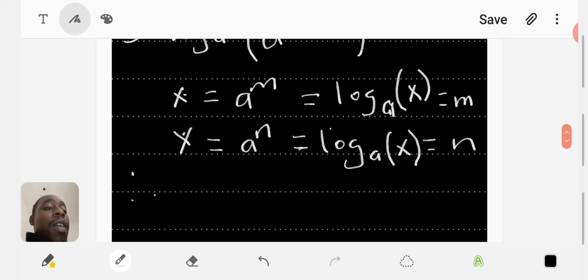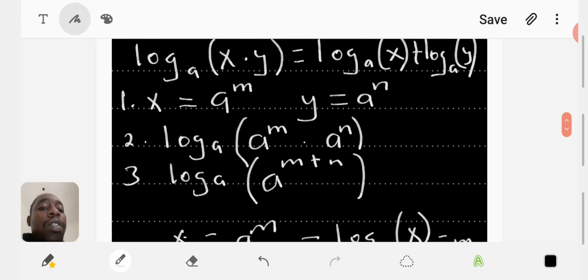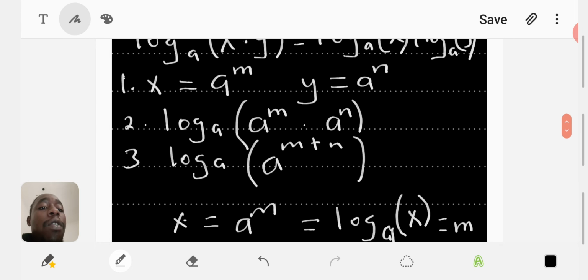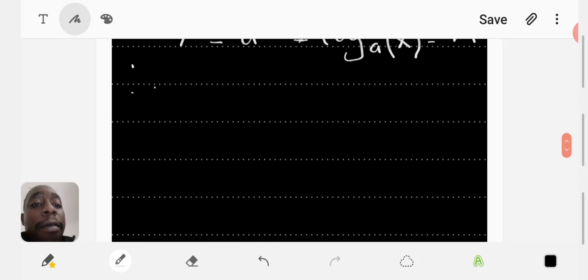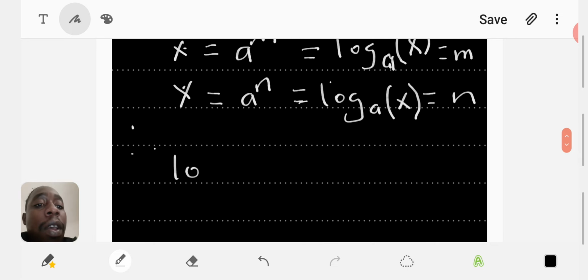Therefore, we now substitute there. We have log to the base of a, a to the power of m plus n.